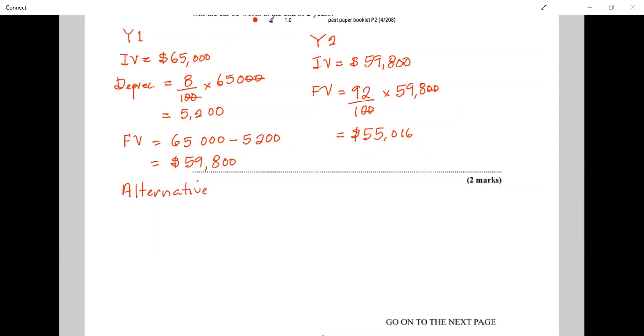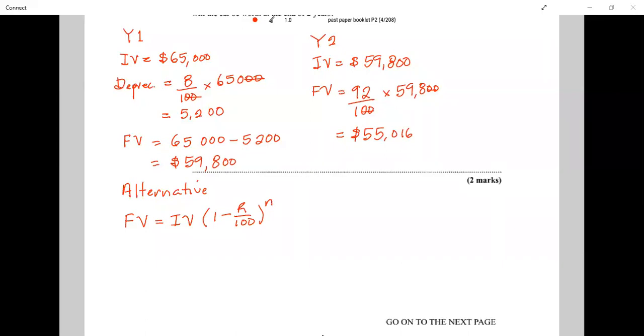The depreciation formula says that the final value is equal to the initial value times 1 minus R over 100 raised to the power N.